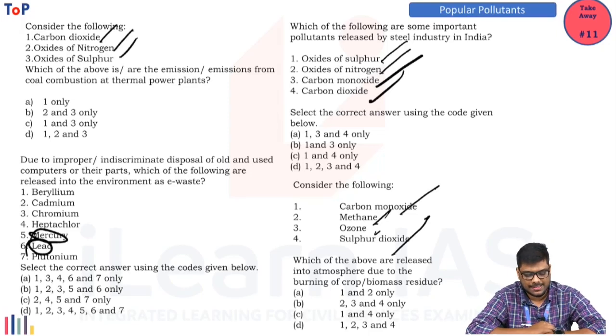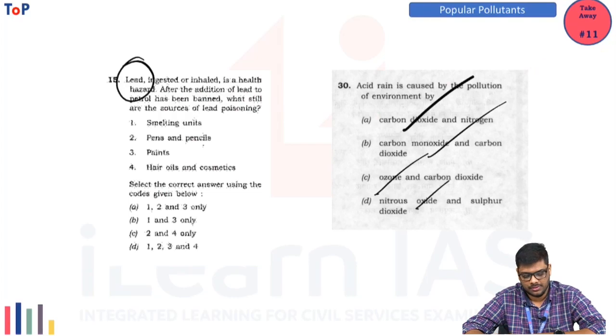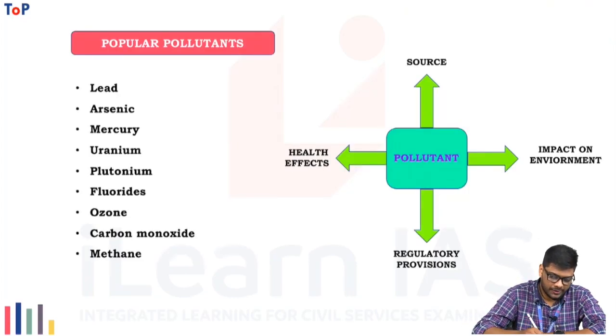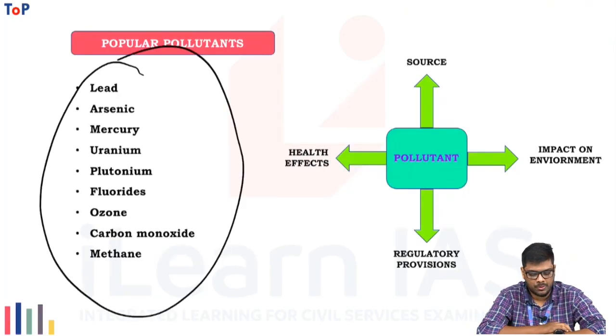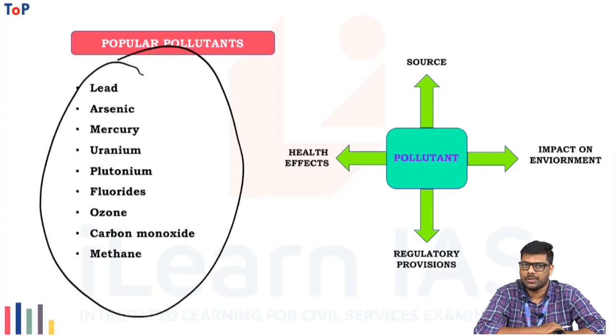See, look at the pattern. UPSC is following a set of pollutants every year. So what is your duty? Identify the popular pollutants. Getting it? And don't worry, I have listed the popular pollutants asked by UPSC. So this is a list of popular pollutants asked by UPSC every year.